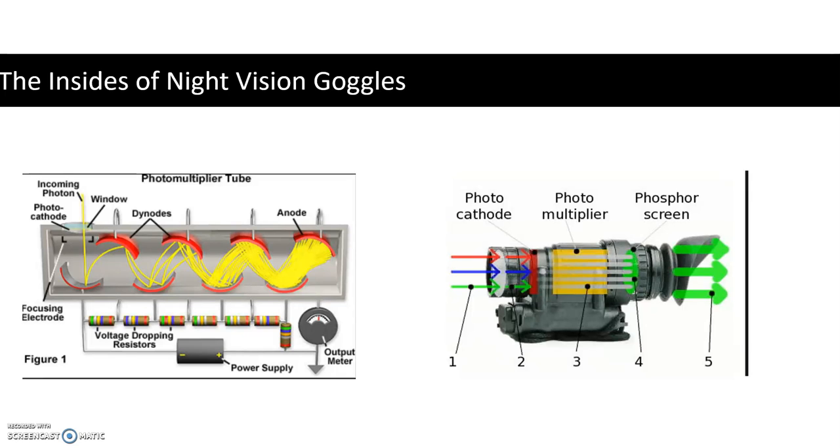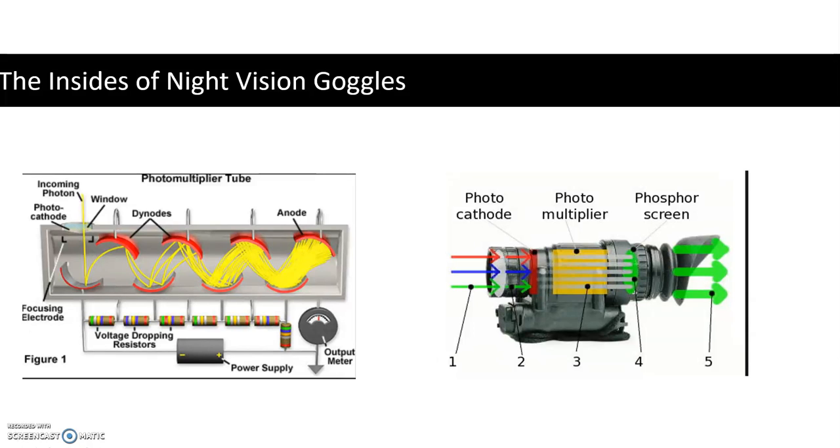The photoelectrons are then accelerated through a large potential difference, and so we should probably be looking at the left-hand diagram right now. They get funneled through this potential difference to what's called a channel plate, which is just a plate full of fine holes. In this diagram you can see the incoming photons falling through a hole, which the diagram calls a window.